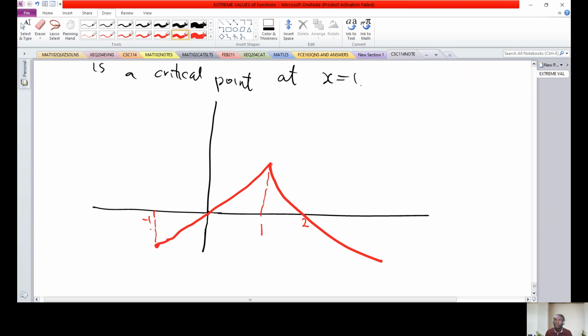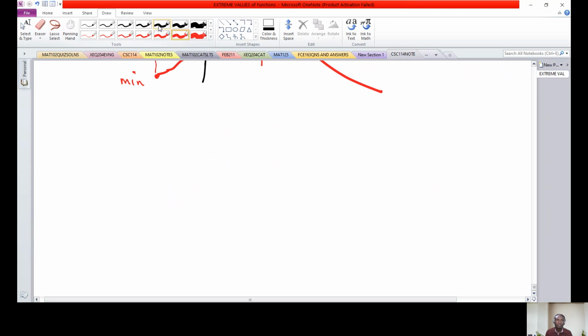So this is 2. So this is the maximum point and this is the minimum point. So we test now, have the testing now for the points. Now we have the point 2. So critical points, x equals 1, f of 1 will be given by 1.